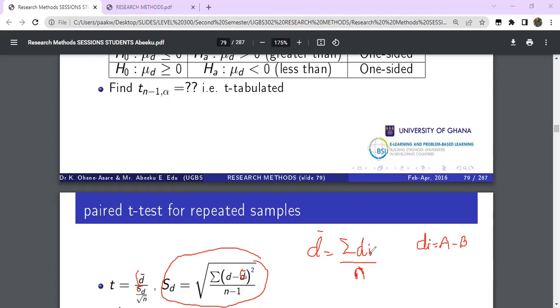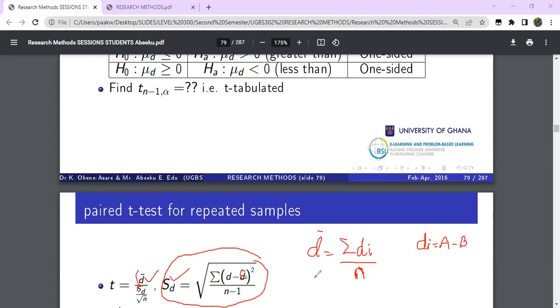So you add all the D you worked for, divided by the sample size. That will help you get D bar. After getting D bar, you use D bar to work for D minus D bar. Then you square it before you use it to find the SD. So when you solve for SD and D bar, you are good to go to find your T computed.